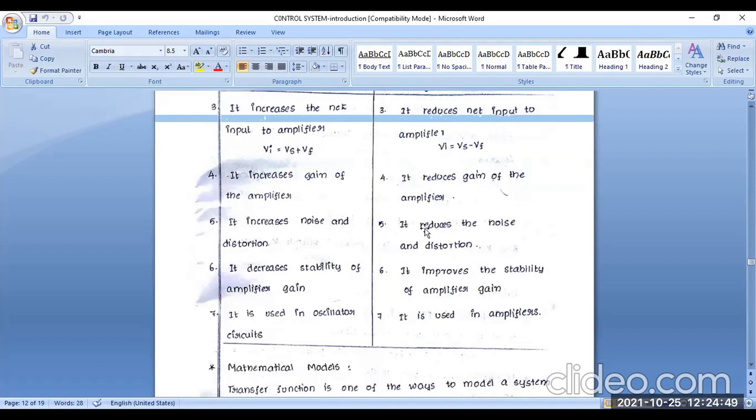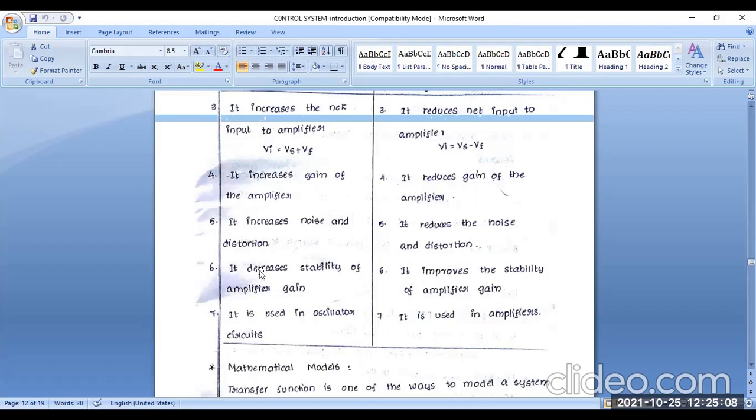But the advantage of the negative feedback system is that it reduces the noise level and any types of distortion present in the controlling actions or controlling variables. This is the advantage over positive feedback systems.